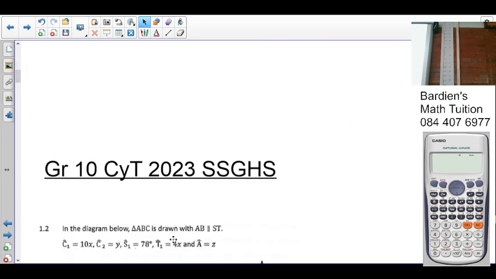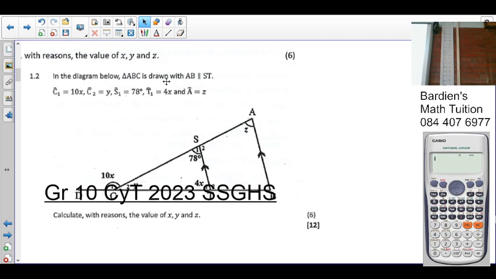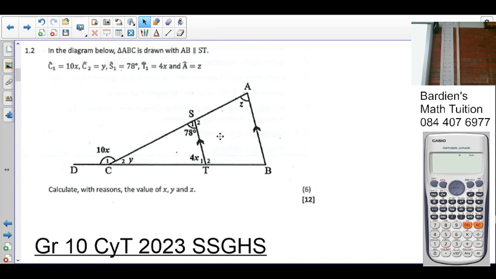Let's look at 1.2. In question 1.2 we are told that in the diagram, triangle ABC is drawn with ST being parallel to AB.